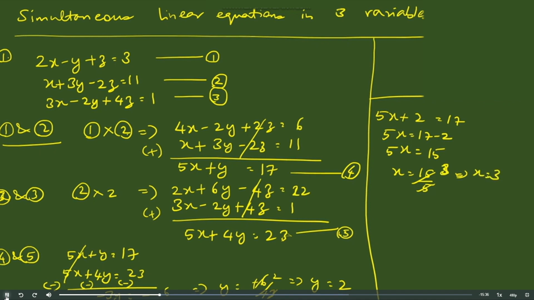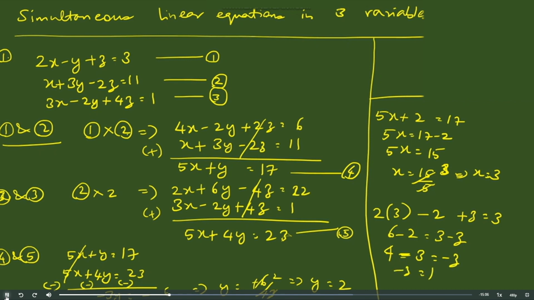Now I know x and y. Let me substitute to find z. Let me take equation 1. 2 into 3 minus 2 plus z is equal to 3. 6 minus 2 is equal to 3 minus z. 4 minus 3 equals minus z.